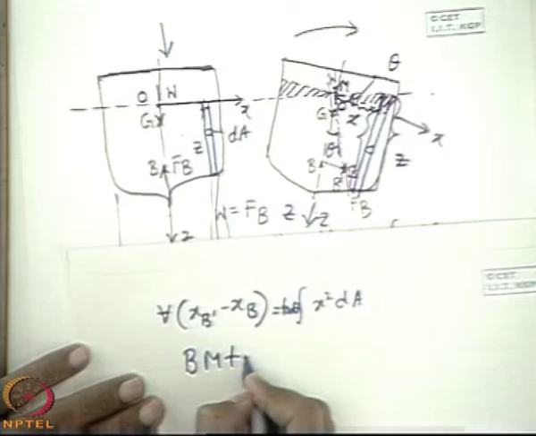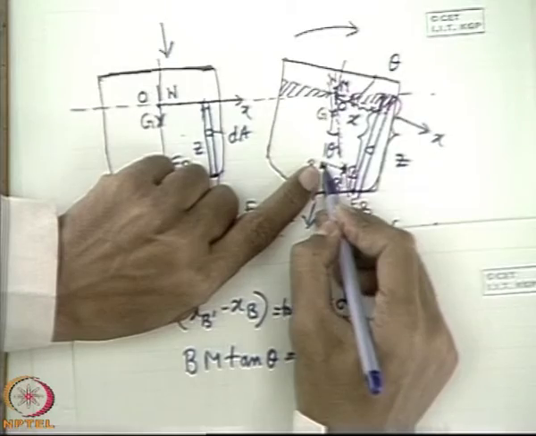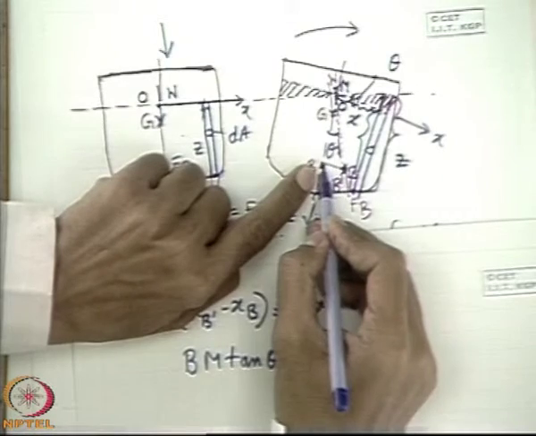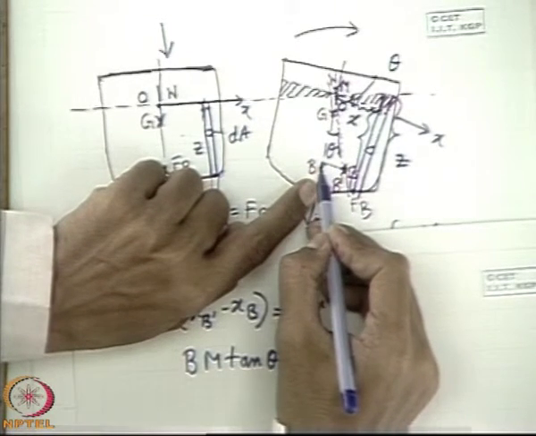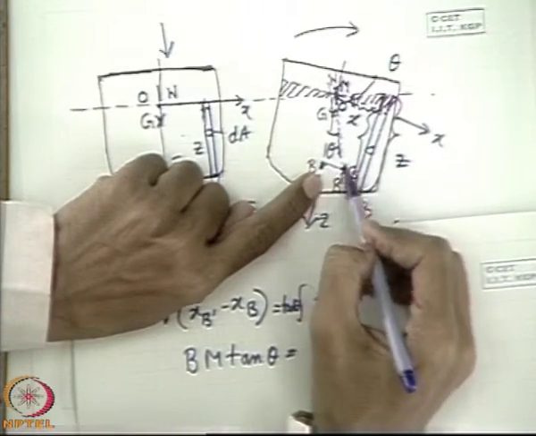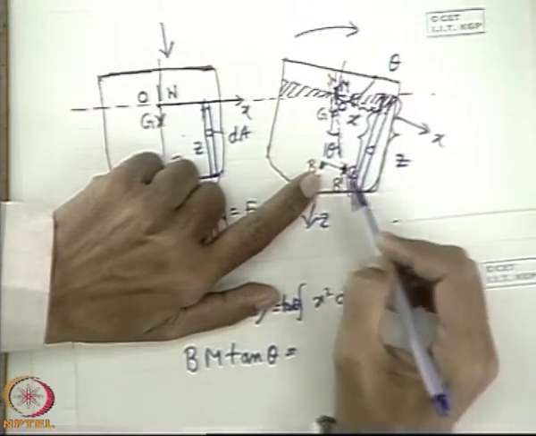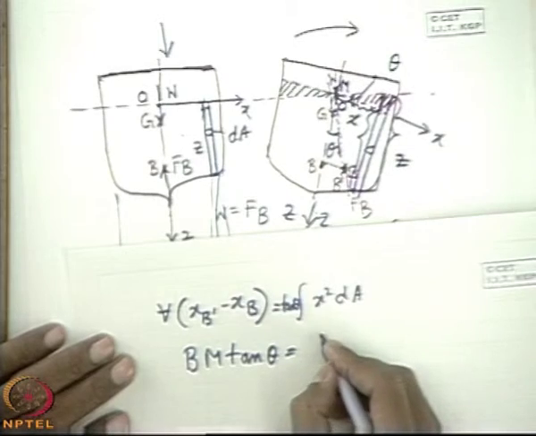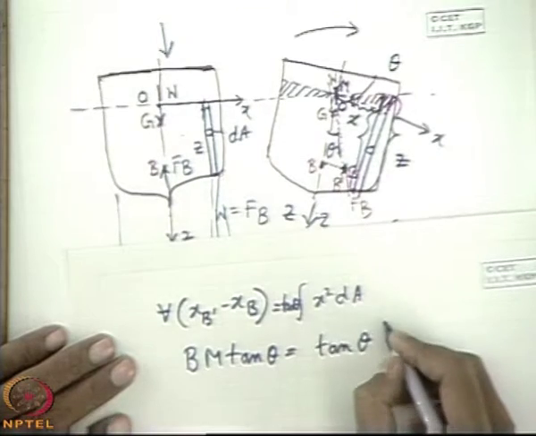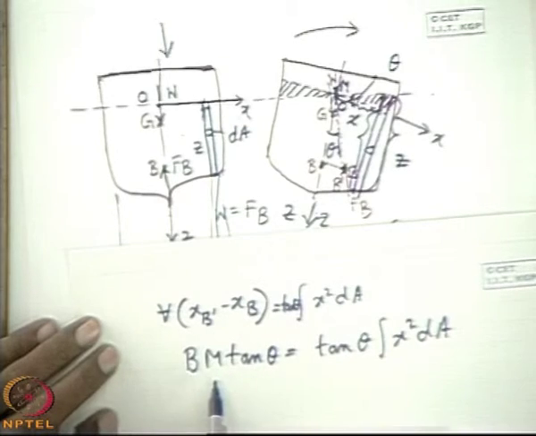For small angle, if we make a perpendicular from b dash on this old vertical line, which is the z axis rather, we can tell for small angle this perpendicular does not make any change from b to this point of projection. So we can take simply from this right angle triangle, this vertical line meets at m, so this is bm tan theta. For small angle tan theta, this projection may not coincide with b. That's why with the small angle concept this is almost equal to bm tan theta.